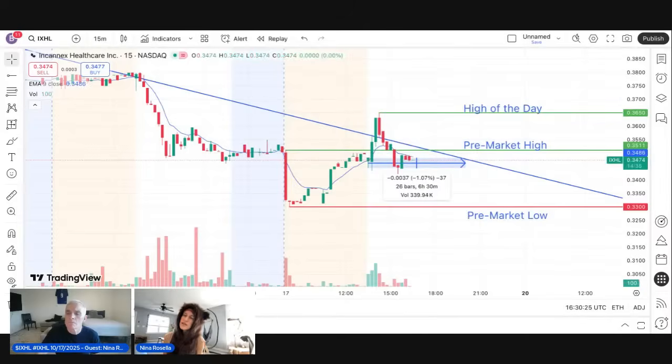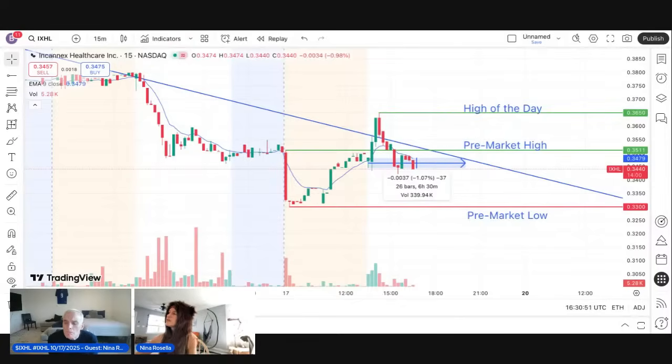So the algos are reading it as though IXHL has done this split. That's not the case. It's Safe and Green Holdings. It's an entirely different company. It could be a problem from the aggregating, or somebody could have done this intentionally. I did write the company and I said, you guys have misrepresented and put this false information out there, and it's being picked up. So I think that's part of it.